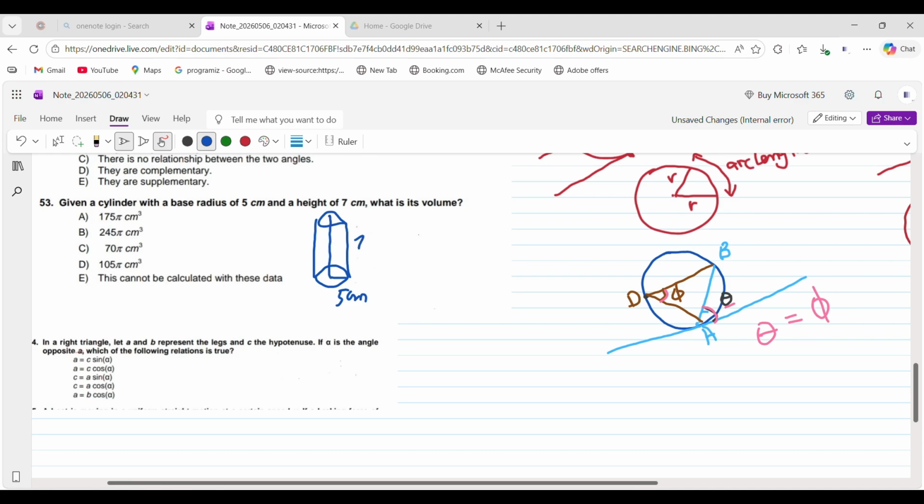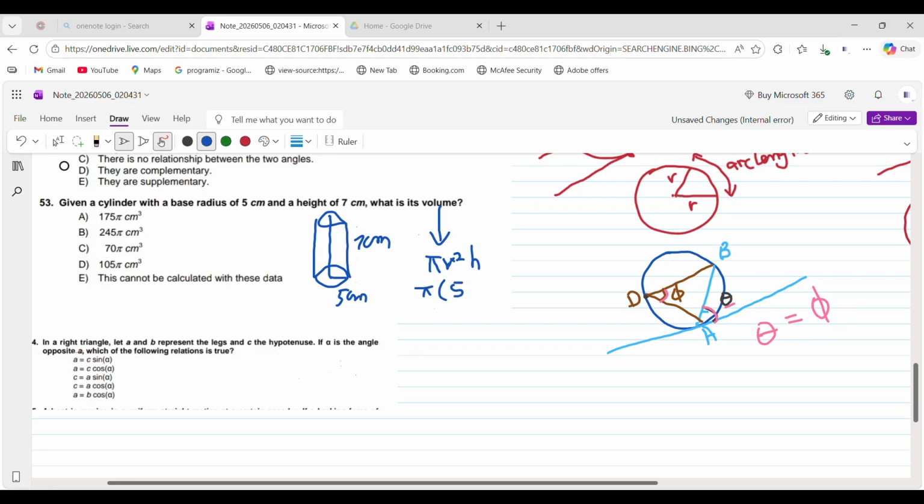Okay, and the height of 7 centimeter. Height they have given 7 centimeter. What's the volume of the cylinder? So basically if you have to find the volume of the cylinder, you have to know its formula, right? So for finding the volume of the cylinder, you have a formula, pi r square h. Pi r square h is the formula for finding the volume of the cylinder.